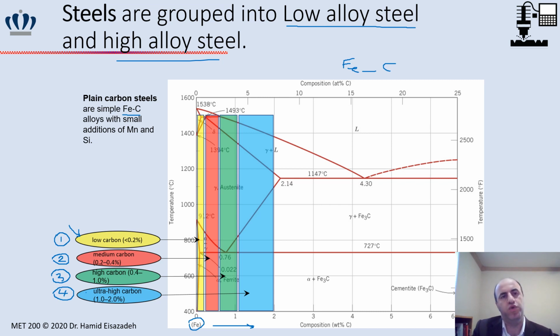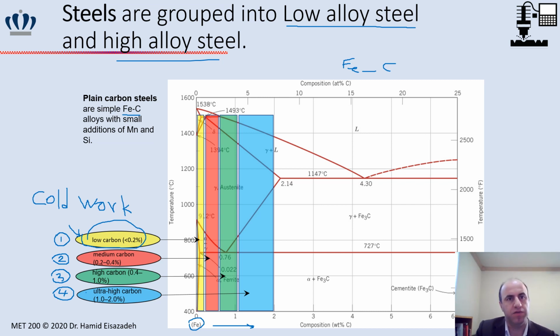However, if you want to increase the strength of this low carbon steel, one way is to perform cold working. Cold working can increase the strength of low carbon steel.